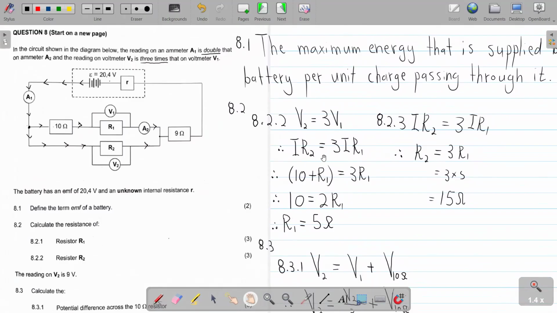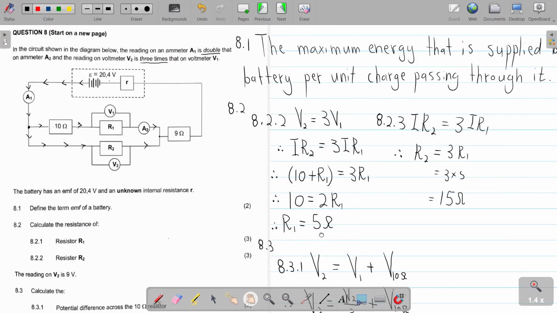So again, we substitute I R2 and I R1. Then we know that the two resistors' resistance is equal here because the currents are equal. So then we simplify. We get R1 equals 5. And then we can use that R1 to substitute here to get R2.